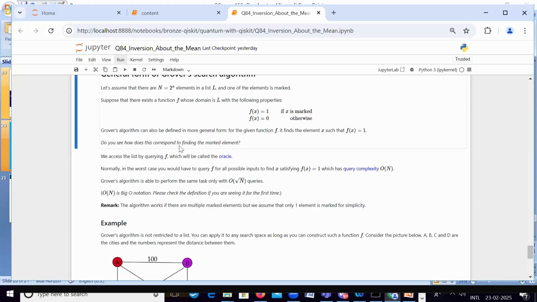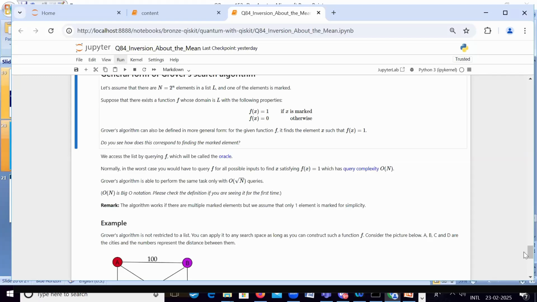Grover's algorithm can be defined in a more general form, which finds the element x that satisfies f(x) equal to 1. So for any set of elements in the list, it finds the element whenever it satisfies the condition f(x) equal to 1. This is a simpler modification.